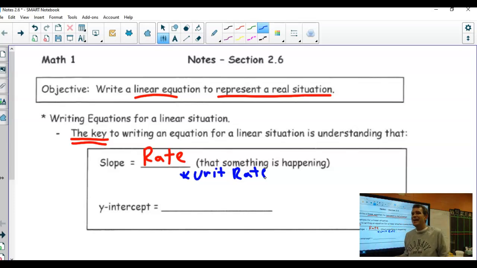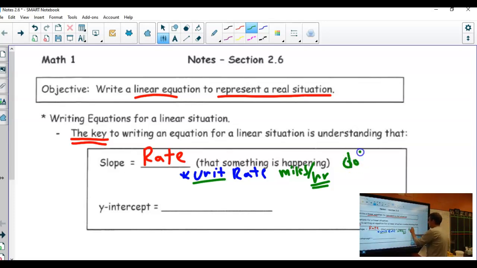When you go ahead and divide that and make it a single number, you get a unit rate, which means you get the bottom unit to be 1. For instance, maybe your rate is miles per hour. So it's miles in 1 hour. It's called a unit rate because it is in 1 unit, 1 hour. How many miles you're traveling in 1 hour.